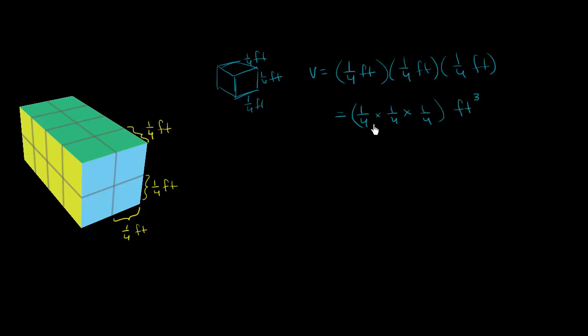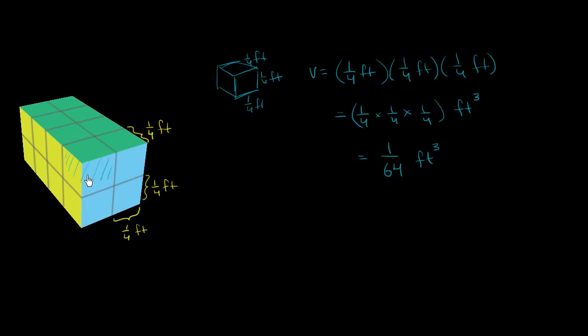So 1/4 times 1/4 is 1/16, times 1/4 is 1/64. So this is going to be 1/64 of a cubic foot. That's the volume of each of these unit cubes.